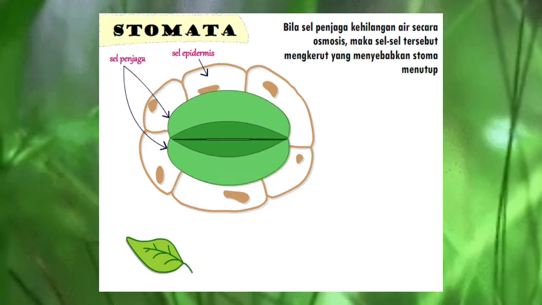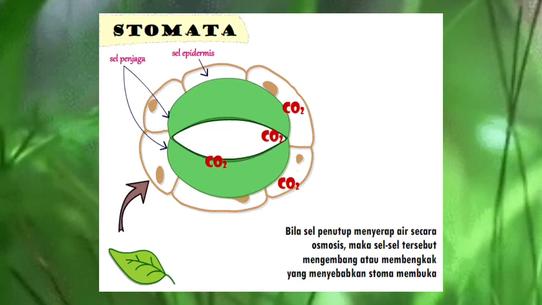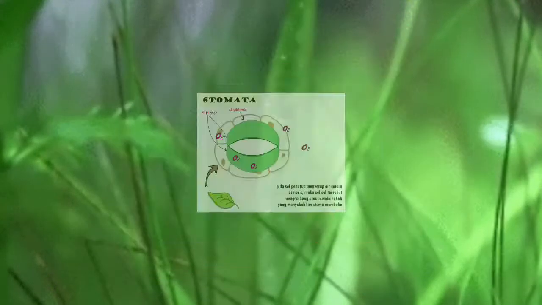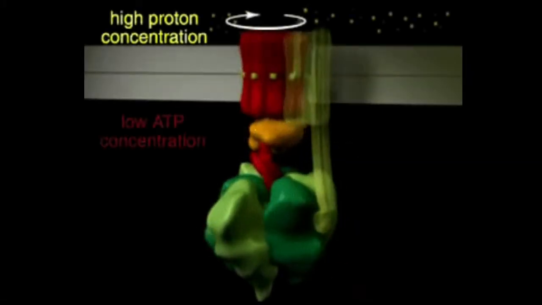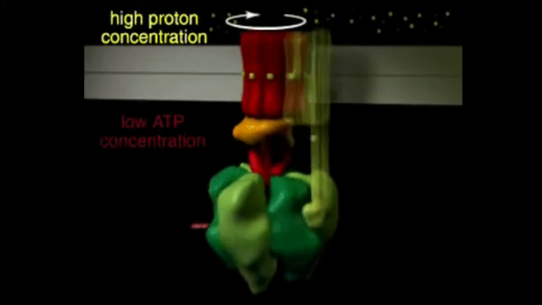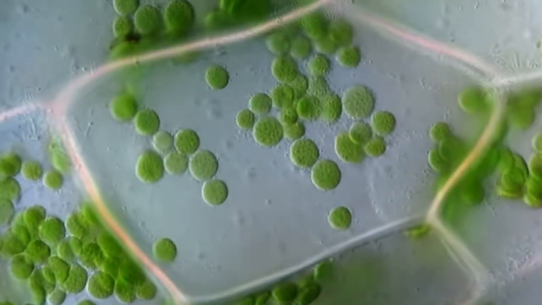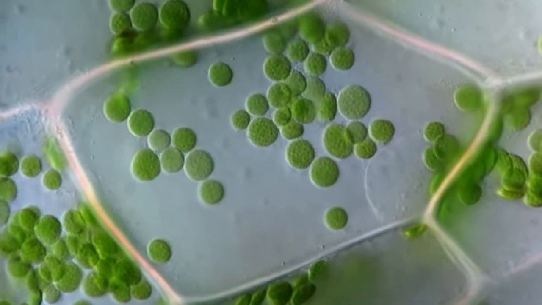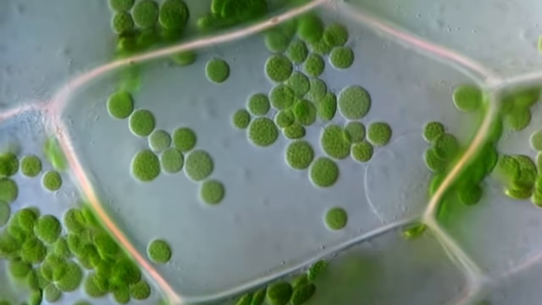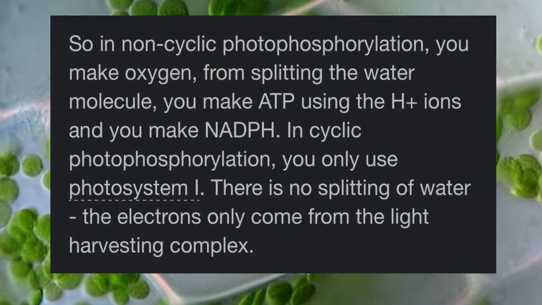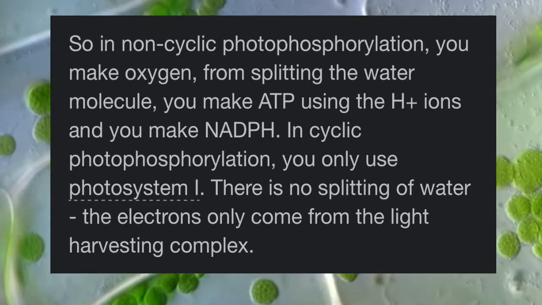We made some ATP, right? We pumped the hydrogen ions across the thylakoid membrane, and then they came back through. That's called chemiosmosis. But we also have something called cyclic and non-cyclic photophosphorylation.